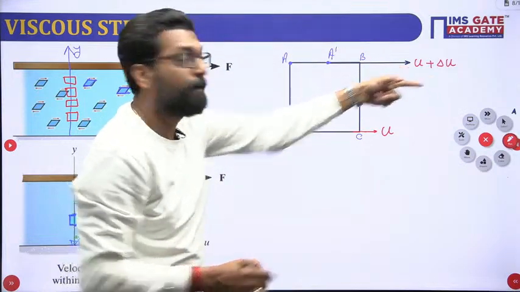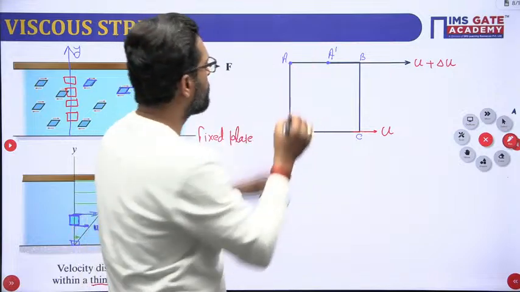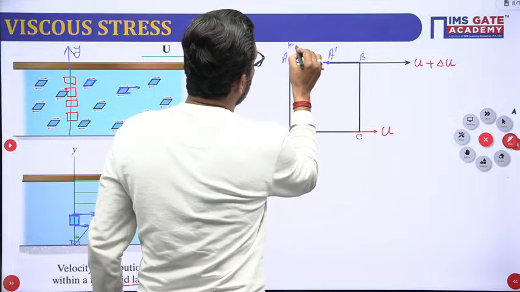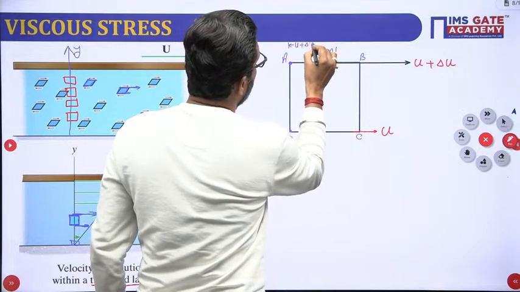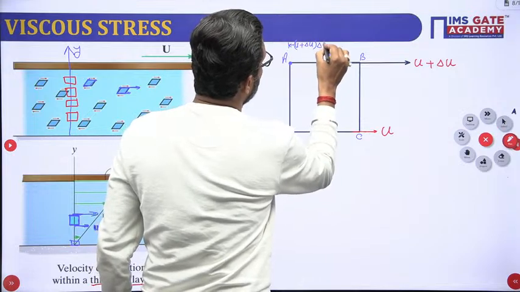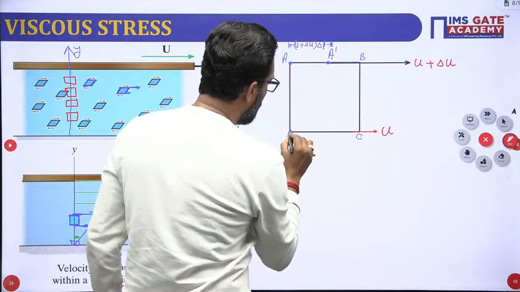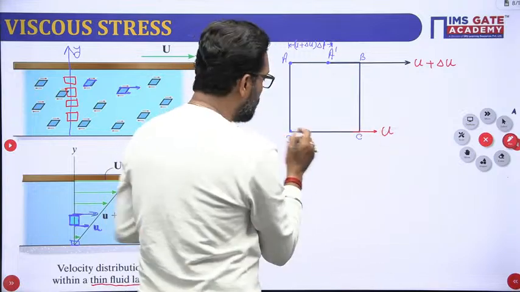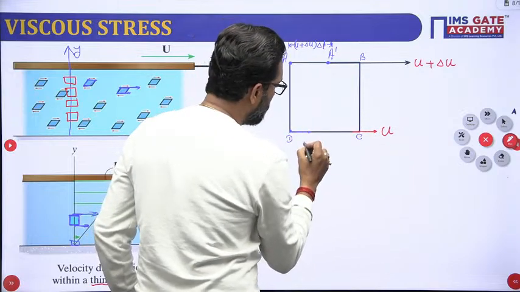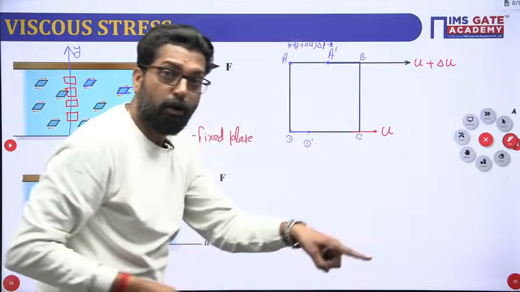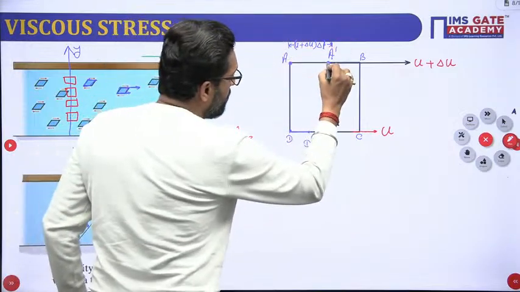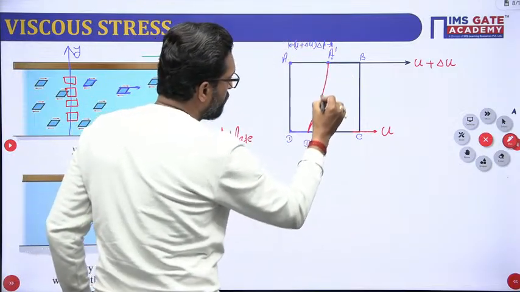So what is the displacement? The displacement is velocity into time, delta u into delta t. Now this is your low displacement. Why? Because of low velocity. So it will displace to this point D dash. So now if you join this new position, it looks like that. So this is the velocity profile.